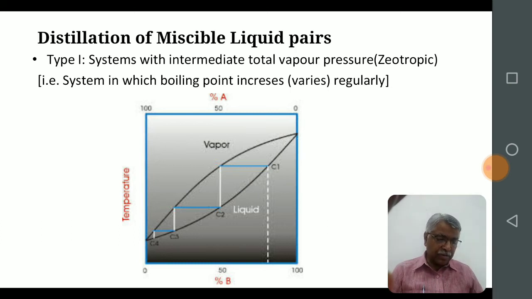The vapor curve gives the composition of the vapor that is in equilibrium with any liquid at its boiling point. For example, the tie line, the line joining the liquid and vapor curves at the temperature, shows that the liquid represented by L and vapor represented by V are in equilibrium.